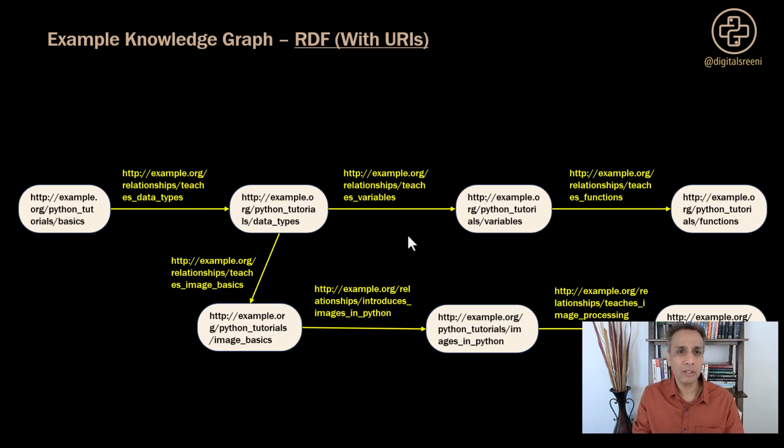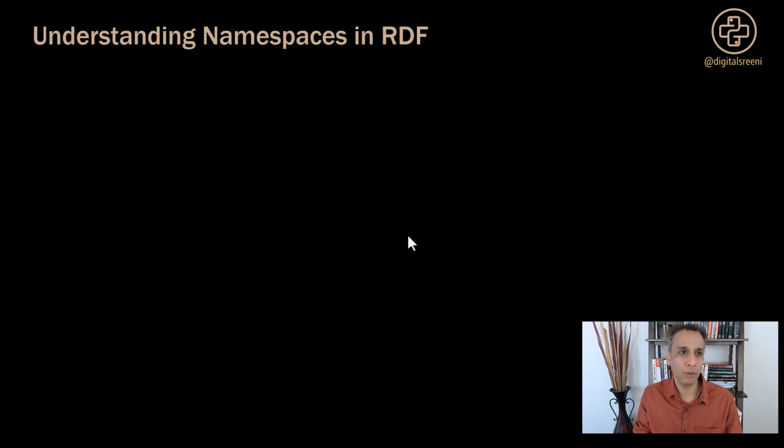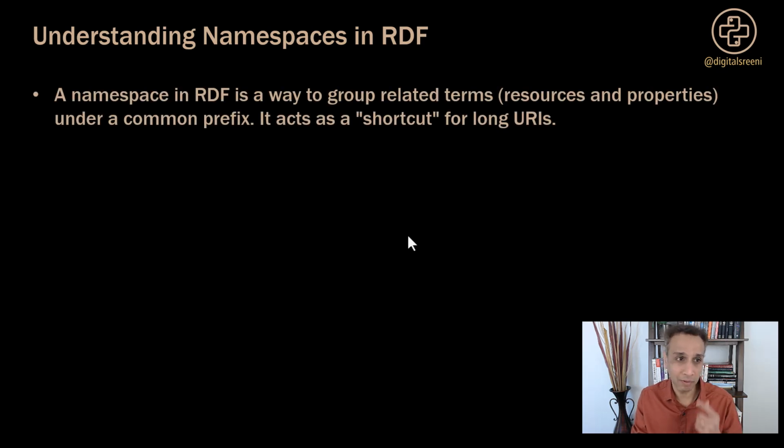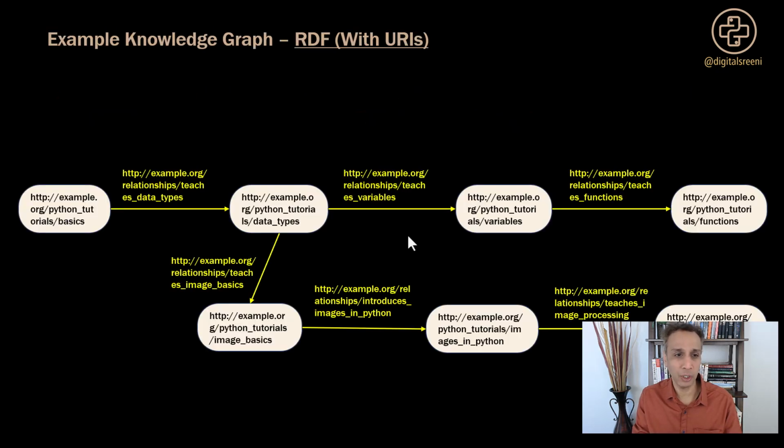Okay, so now that hopefully you're convinced about URIs, I just want to make a quick note about namespaces in the RDFlib library. A namespace is a way to group all these related terms. For example, each one of these has http/example.org. So instead of typing this in your code, it's almost like assigning it to a variable.